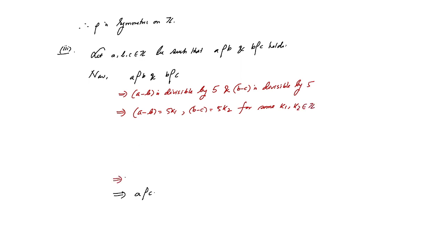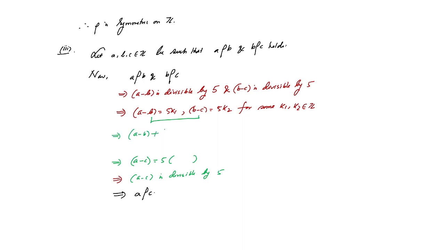So what will I show? I will show A rho C. That means I will show A minus C is divisible by 5, that is, A minus C equals 5 into some integer. So I will add these two relations. What will I get?